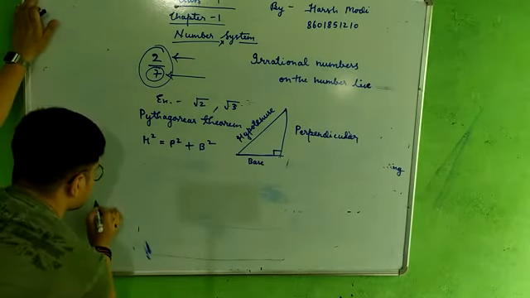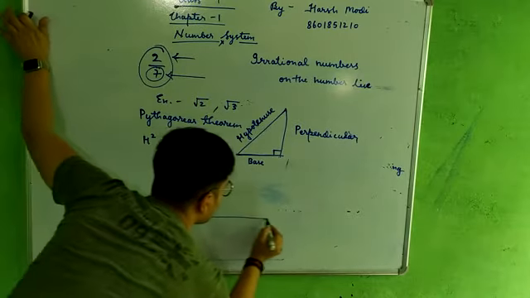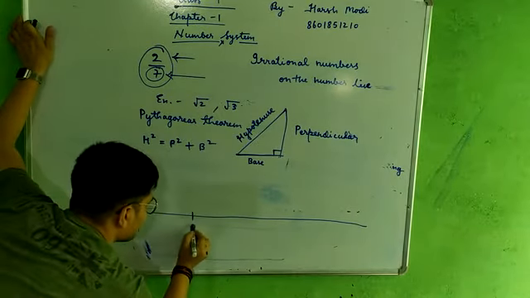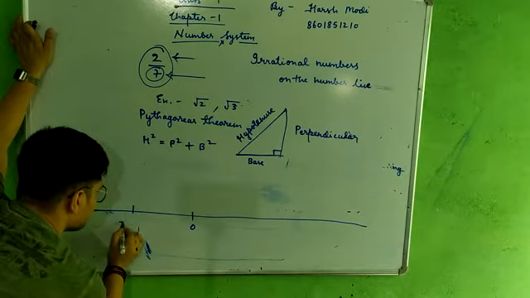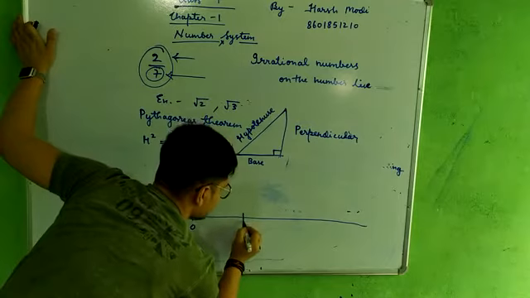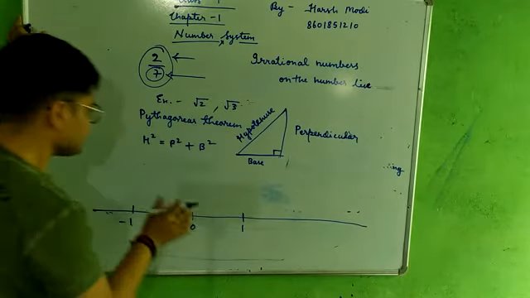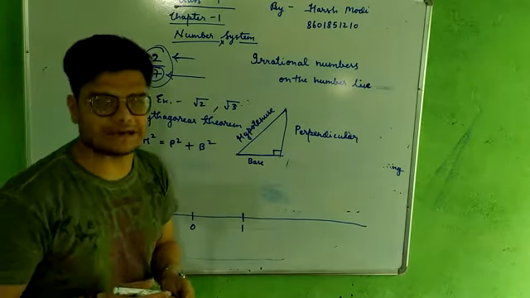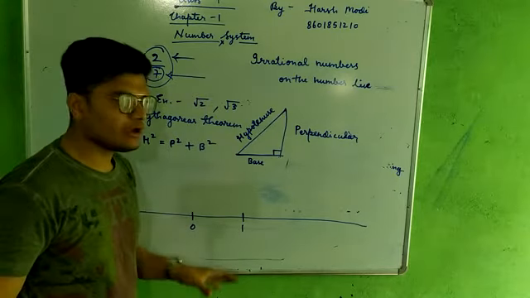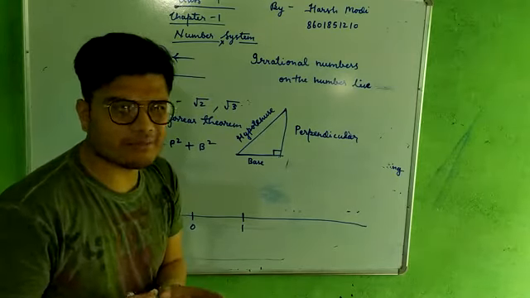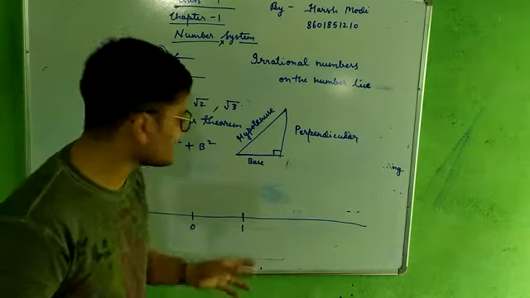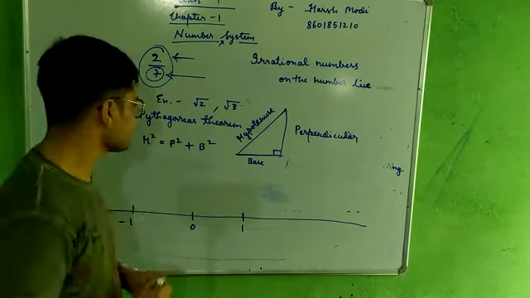Suppose this is our number line. Here we have 0. This is minus 1. This is plus 1. They both will be unit 1. Understood? It is not a fixed measurement, but we can say we have supposed it as unit 1.